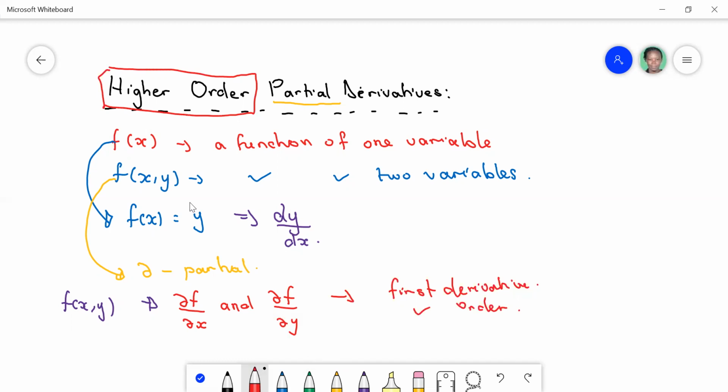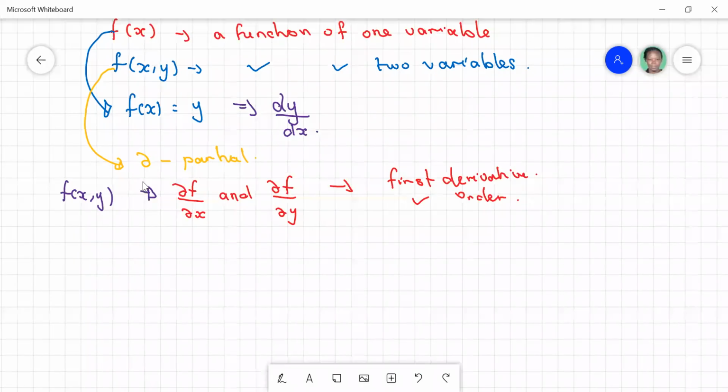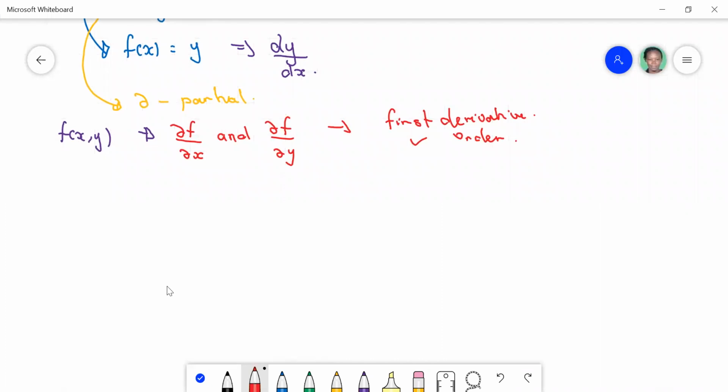So with this same function f of x, y, this is order 1, and this is order 2. You can find higher orders. I could differentiate this function f with respect to x, then differentiate it again.